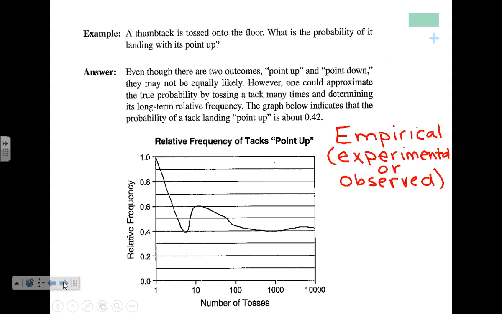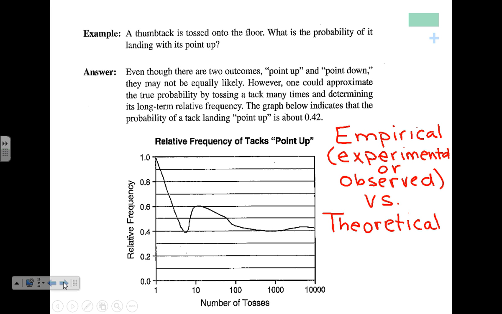Whereas theoretical probability would be what you could surmise before doing the experiment, or maybe what you found after you did the experiment several times. Theoretical probability is often very easy if we have equally likely events.